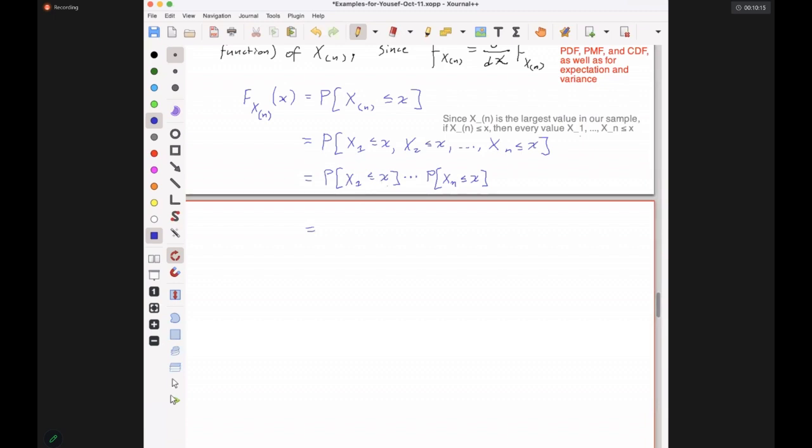And we know that they are identically distributed, so all of these things here are the same function. So this is just the probability that x, any generic variable from this distribution, is less than or equal to x raised to the nth power.